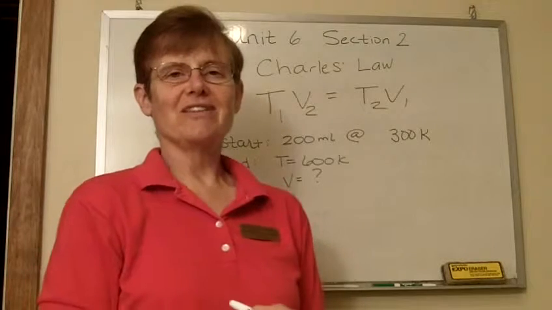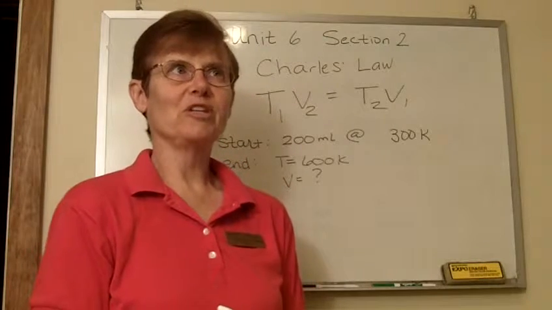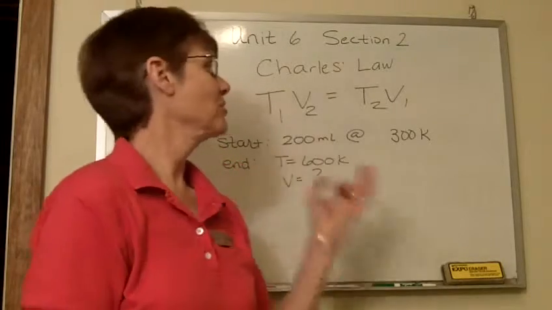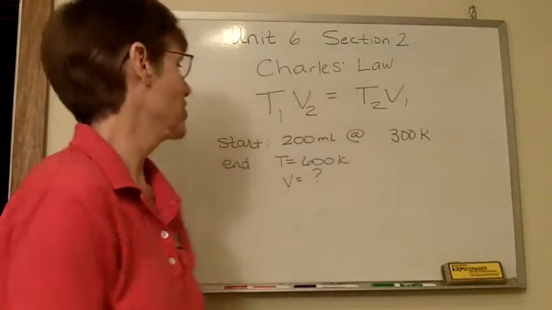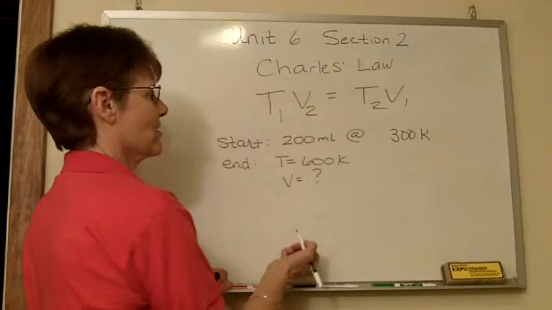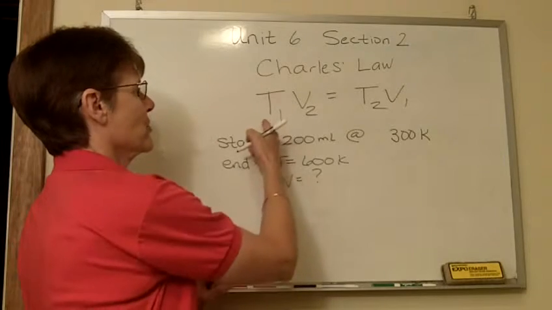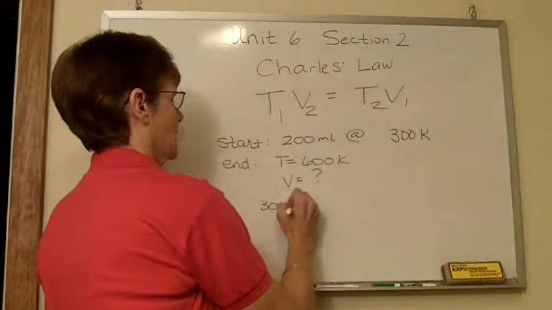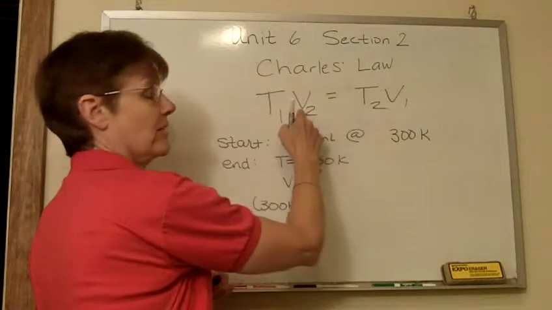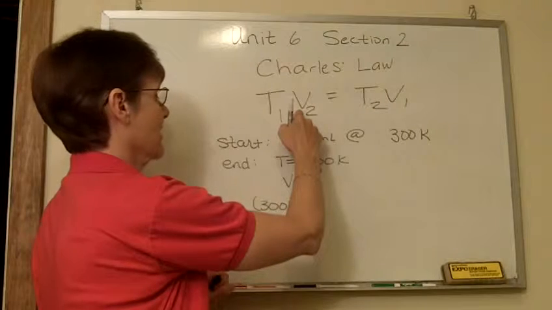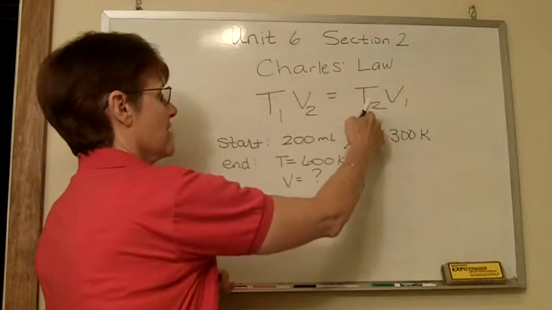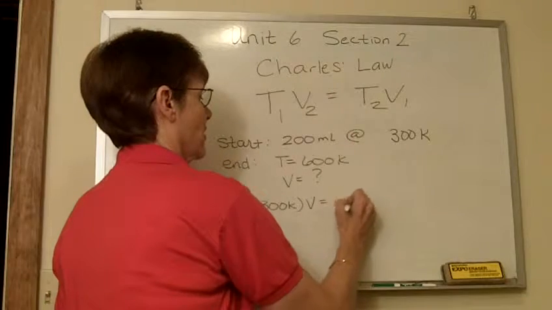And we want to know then, what will the volume be? Now maybe you can guess this because you can say, well, if I double the temperature, then I might be doubling my volume. And you can see from the equation that that is exactly the way it works out. But let's plug numbers in just so that we can say we did it. So the first temperature was 300 Kelvin. The second volume, so pay attention to that, the second volume is what our unknown is. We don't know that. The second temperature is 600 Kelvin.